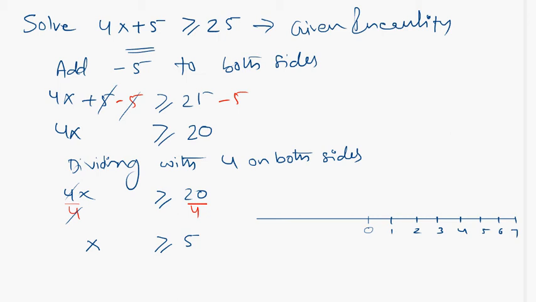In this graph, all the values of x which are greater than or equal to 5 would satisfy the inequality. So the values of x include the set of all the values which are greater than or equal to 5.